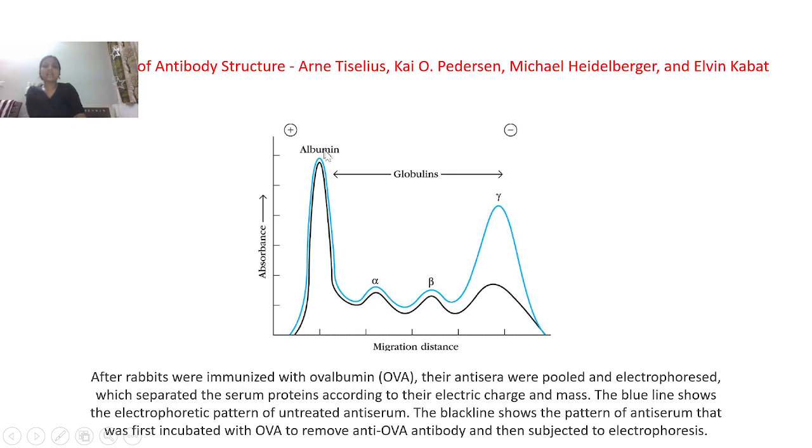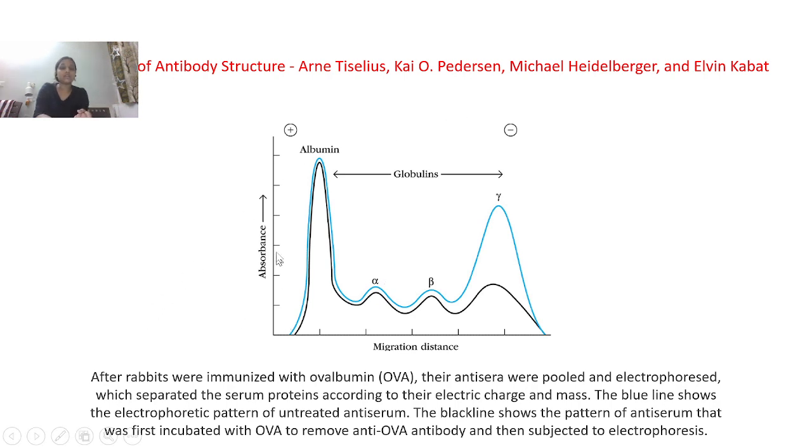Depending on the charge and the mass, the proteins will get separated when you are running a gel. So they saw that there are four peaks, meaning four different proteins which were abundant in the serum. Obviously one will be the albumin protein, which is the most abundant protein in the serum.